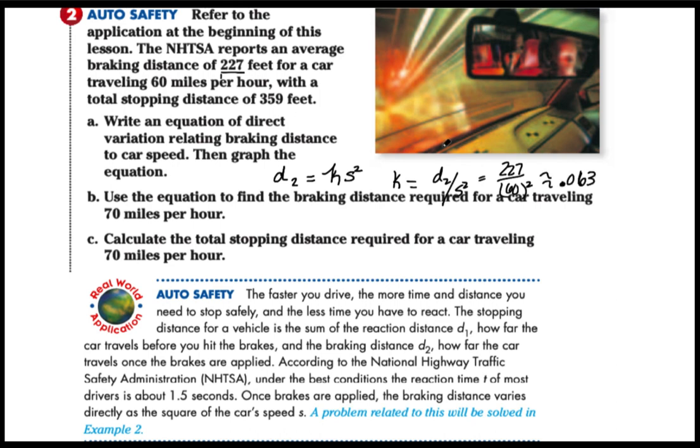We get approximately 0.063. Therefore, the equation that we're talking about, that braking distance rather, is going to be equal to 0.063 times the speed squared. So this is our equation. Let's go ahead and graph that.